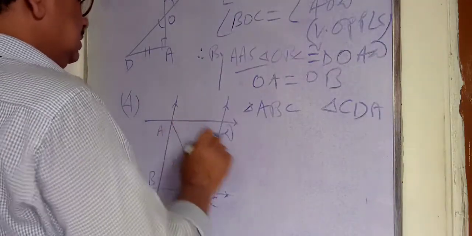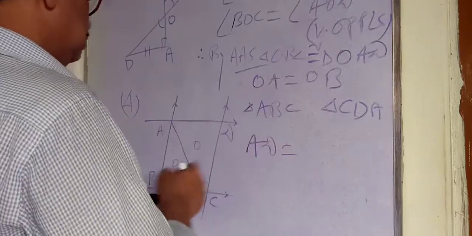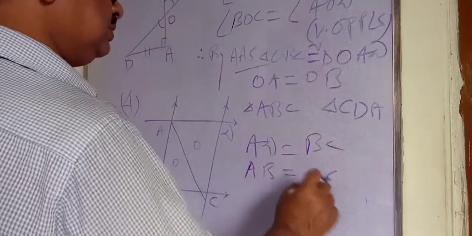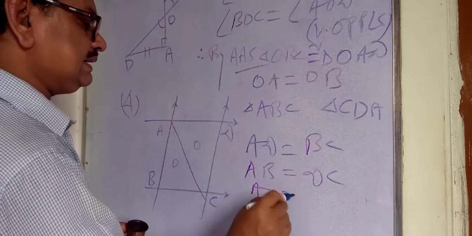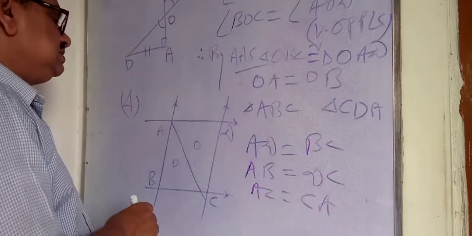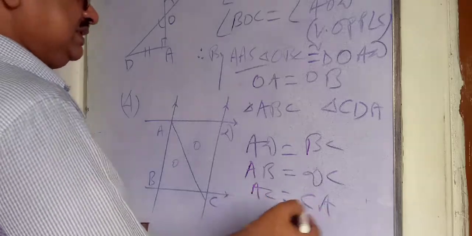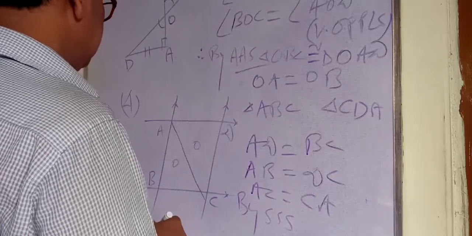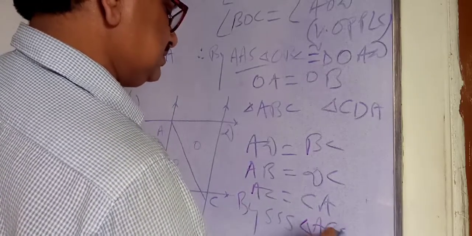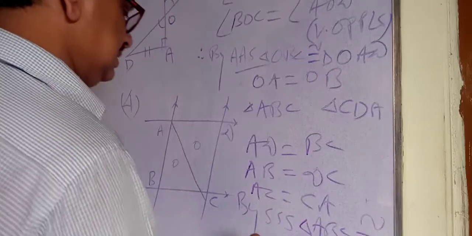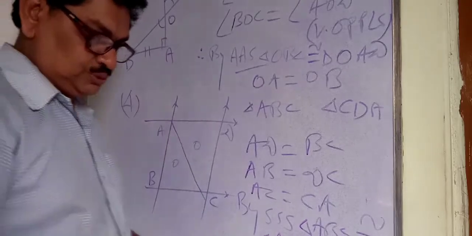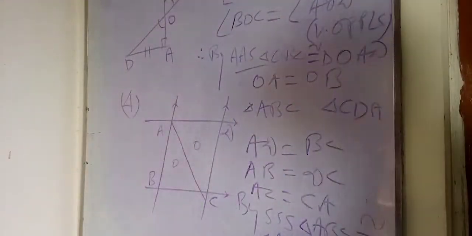So AD will be equal to BC, AB will be equal to DC, and AC can be written as CA. So by SSS also we can make triangle ABC congruent triangle ADC. So students, in this way we can prove these two problems very conveniently.